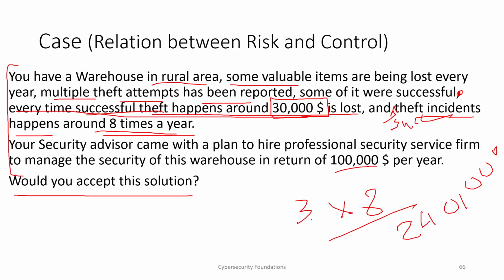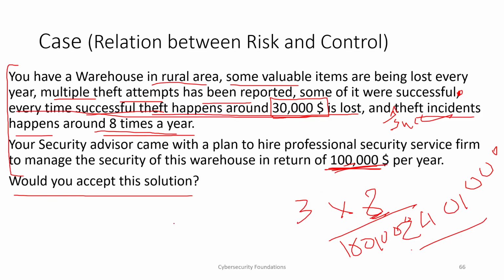So assuming that I have 8 successful attempts every year, in this case the cost of the solution or control will not exceed the value of the loss. So I will spare like 140,000 of goods by implementing this security solution, in case theft happens once again.